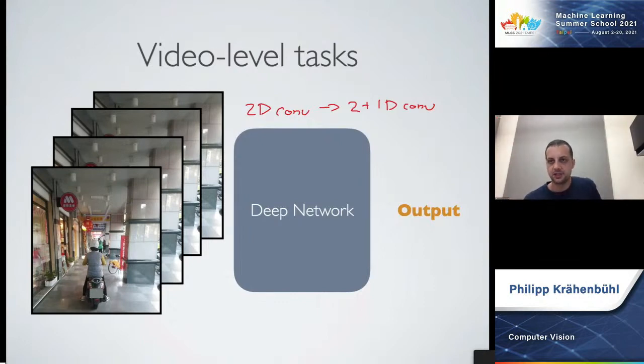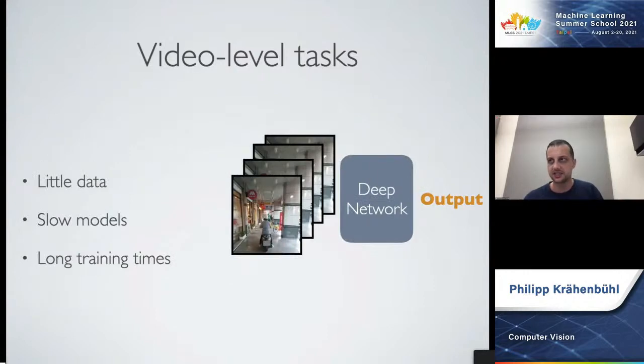Now, the issue with video level tasks is that there's relatively little data. There's no gigantic ImageNet of videos. There is Kinetics, which is a fairly large data set, but even compared to moderate size image data sets, Kinetics is relatively small.